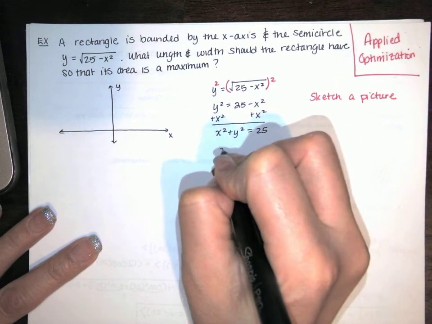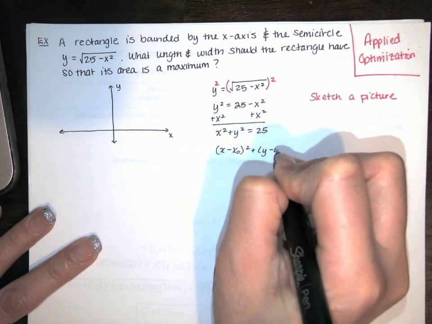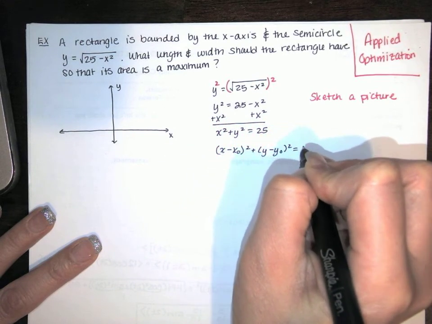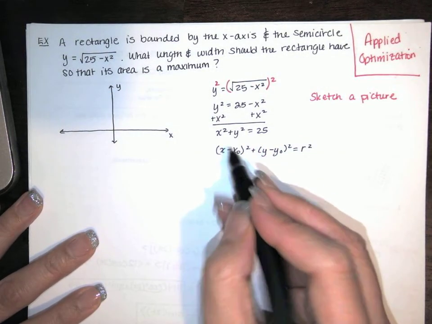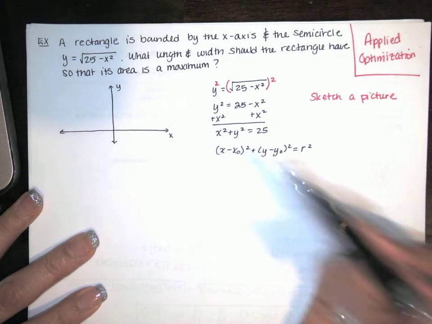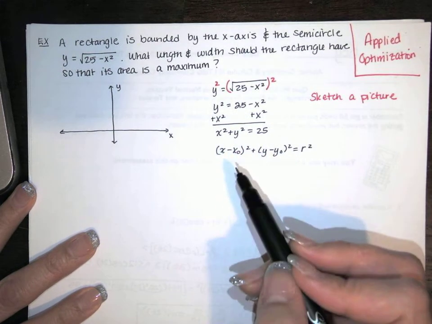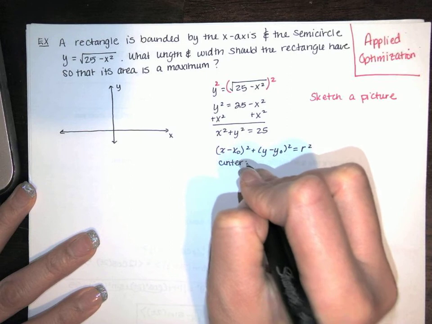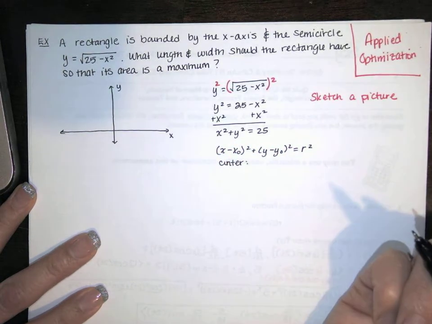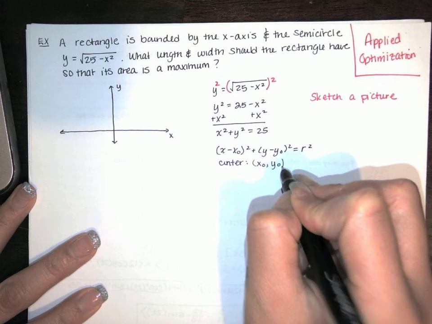Now if I compare that to the standard form of the equation of a circle, x naught, y naught, those are the numbers we're subtracting from the x and y. Well, we're not subtracting anything, so those are 0. Now, I guess I need to state this about the standard form of the equation of a circle. If my circle is written this way, the center is given by x naught, y naught.